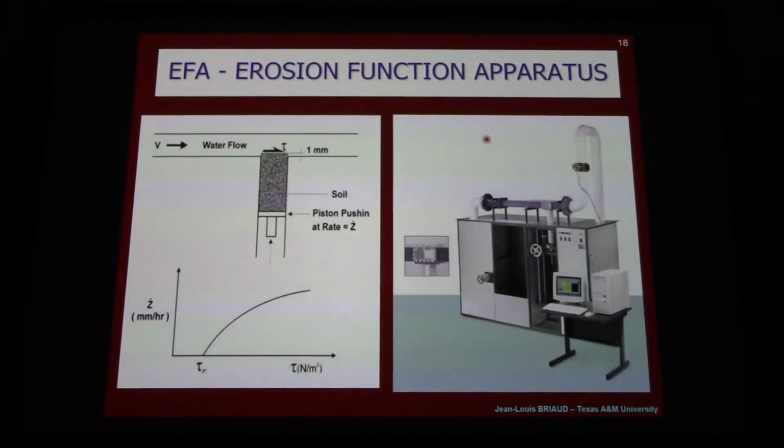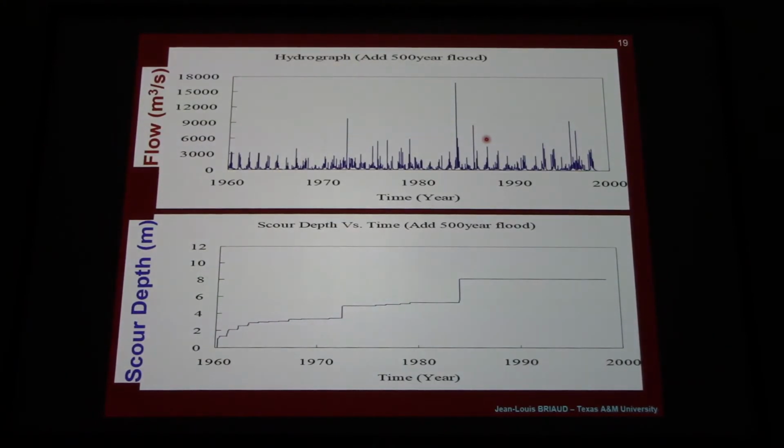We went and got some samples at the site, brought them back to the lab at Texas A&M University, and tested the samples. We also simulated the flow. You can see here flow versus time. We simulated the flow that the river had generated over the last 40 years, and then we created the scour depth around these big bridge piers as a function of time.